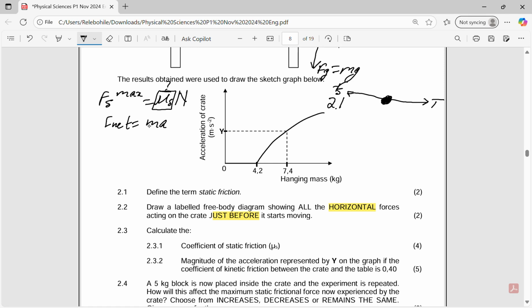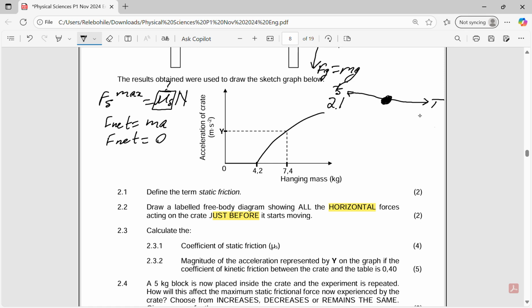It's because our object, which is the crate, is stationary, the same as that mass hanger. The objects are stationary, and if they are stationary, it means that we have zero acceleration, and zero acceleration will mean that we will have everything being 0 here. So we will have F net is equal to 0 in this case.